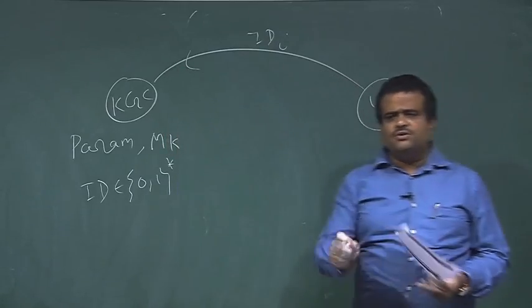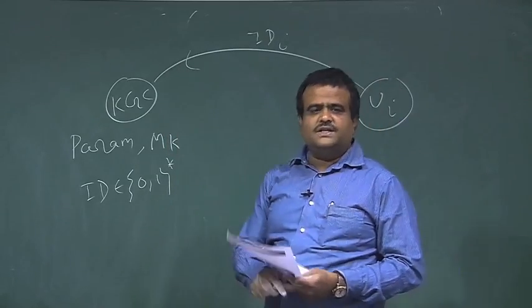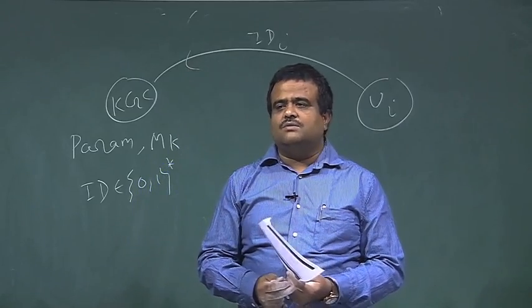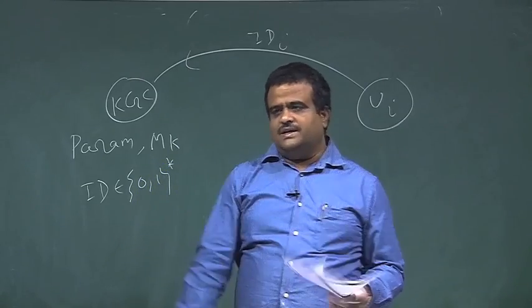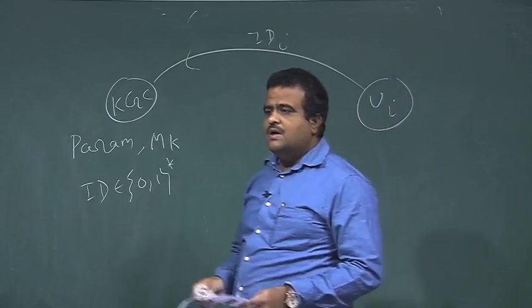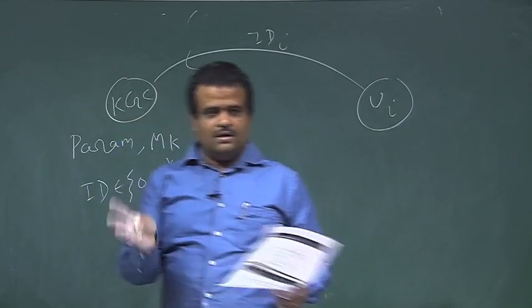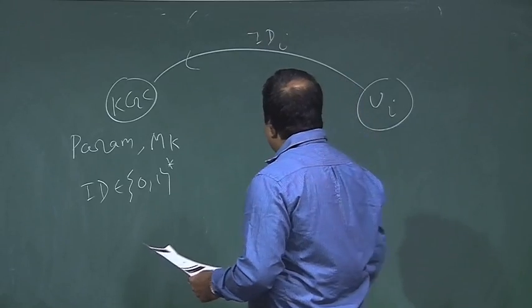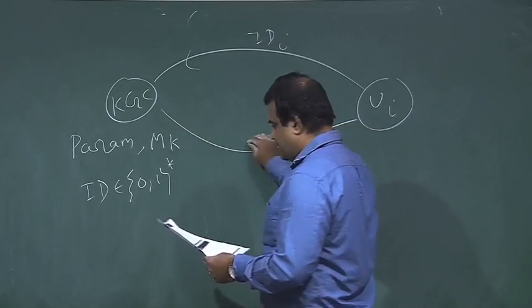If it is a biometric, we convert it into a 0 1 string. If it is an email ID, we convert it into ASCII values, then into a binary string. So, everything can be converted into a binary string by a proper correspondence.